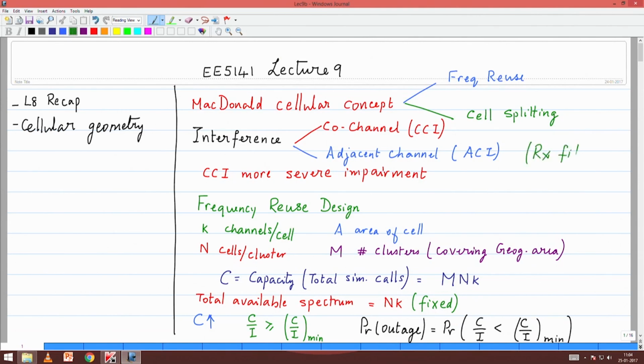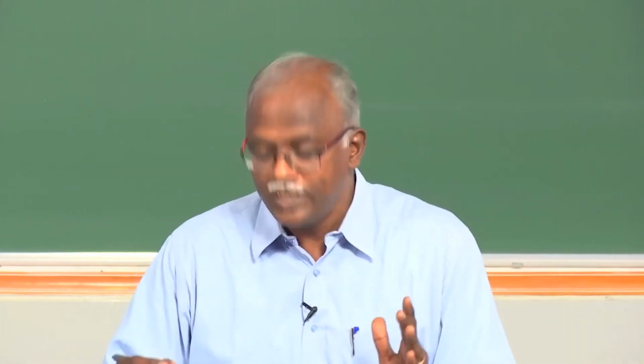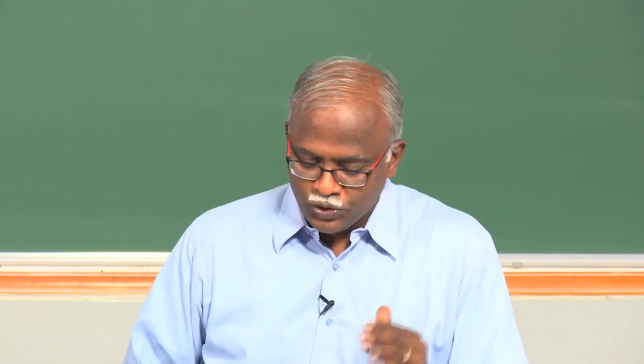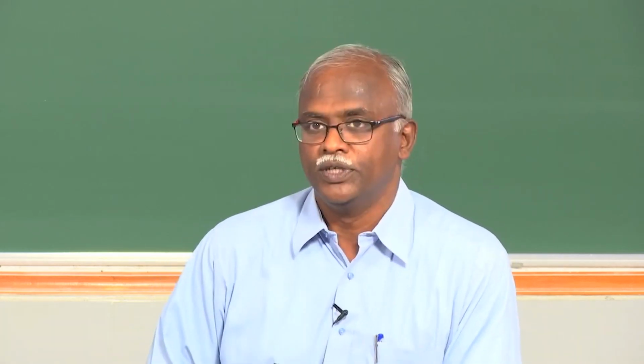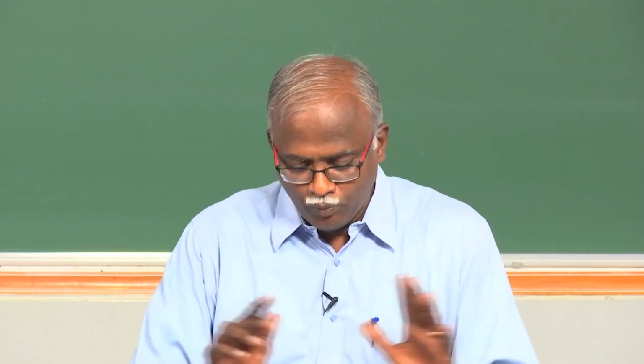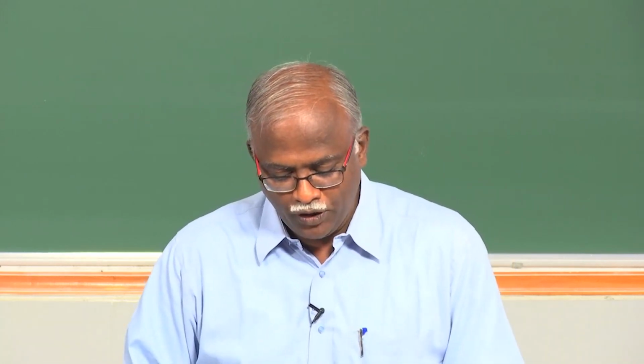So the receive filter takes care of all of these. So we really don't worry too much in our cellular system planning in terms of adjacent channel. Assume that you have designed a good receive filter. So co-channel interference becomes the one that we always have to worry about. Co-channel interference, and more or less the rest of the discussion in today's lecture is going to be focusing on co-channel interference.